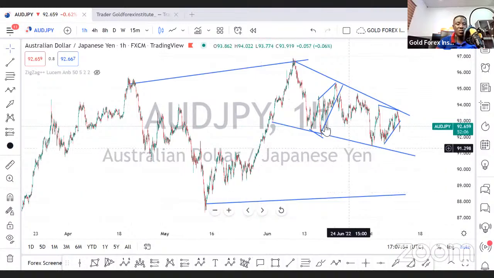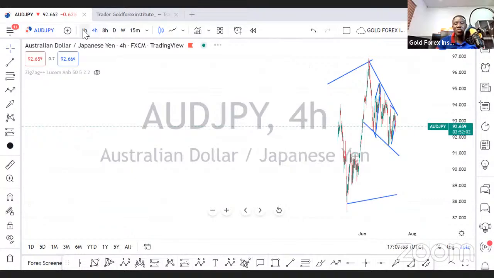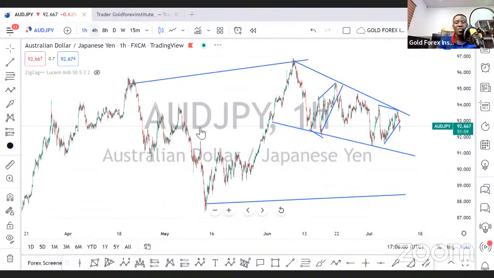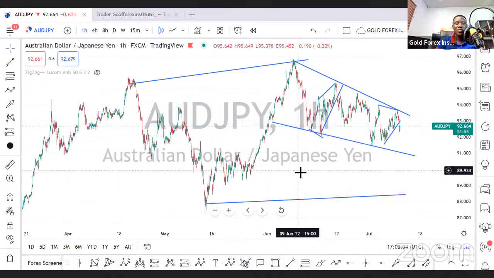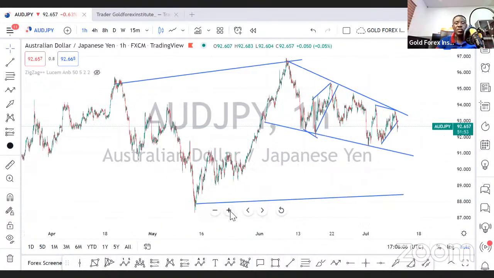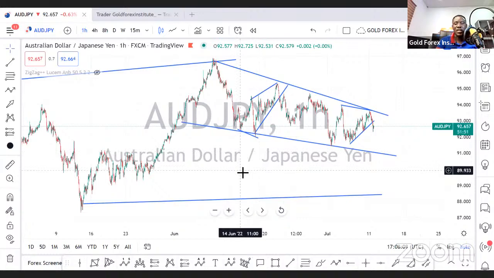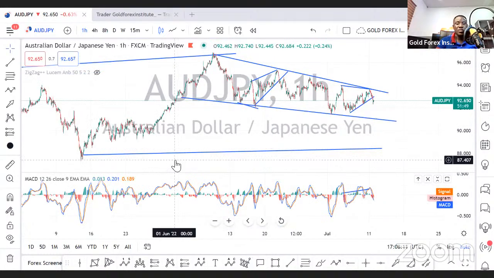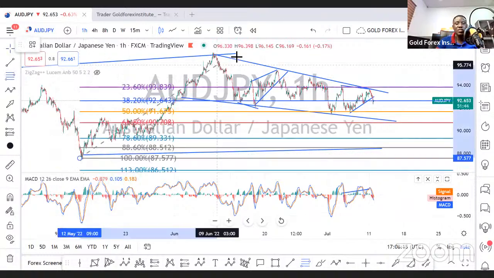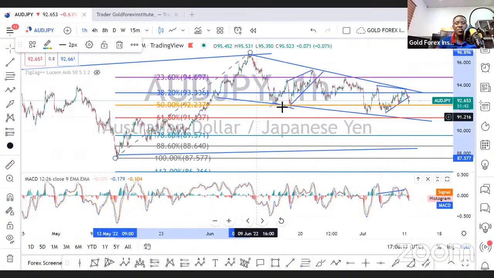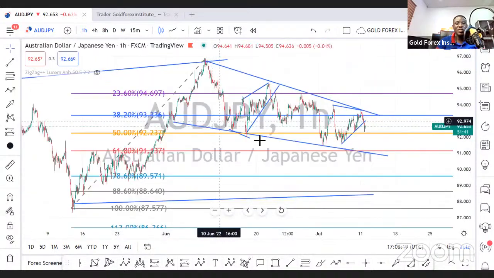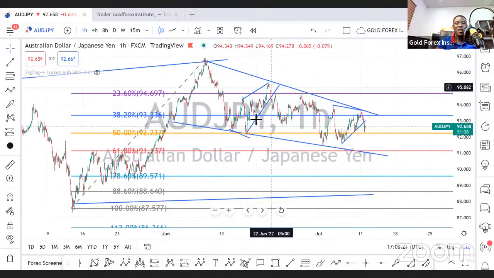So now, how do we see where this one is going? This B was the break of market structure, actually. So what you have to do is, this is the breakout of market structure. It formed an expanded flat correction, right?